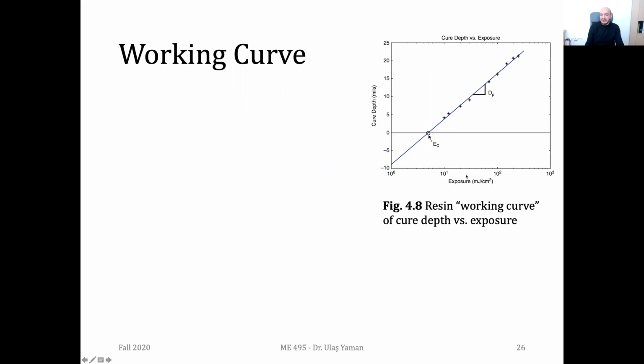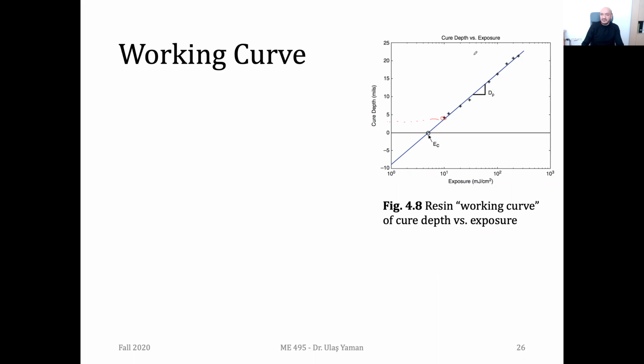We simply apply different exposure values and then measure the curing depth. For instance, you apply 10 units of exposure, then measure your curing depth and note it, and do several experiments with different exposure values. Once you have it, you will have such a linear line.